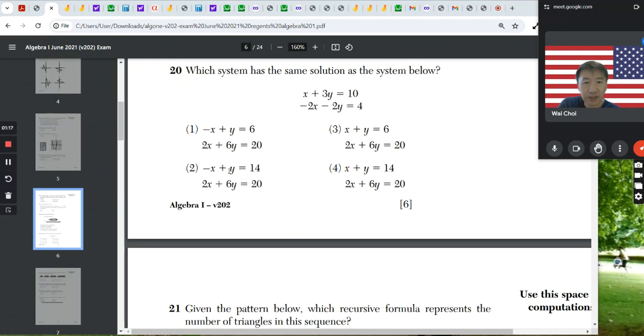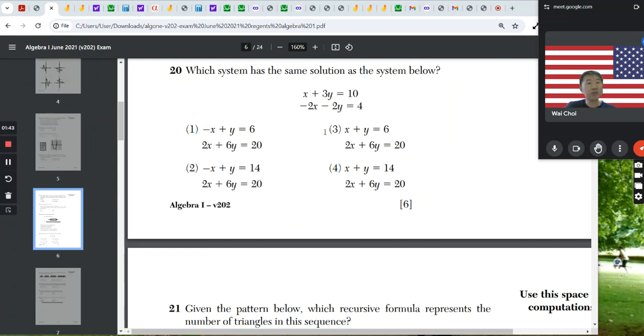Negative x plus y equals 14: you cannot multiply a constant by the second equation and come up with this, right? The same is true for x plus y equals 6, and for x plus y equals 14. Those are not multiples of the second one.